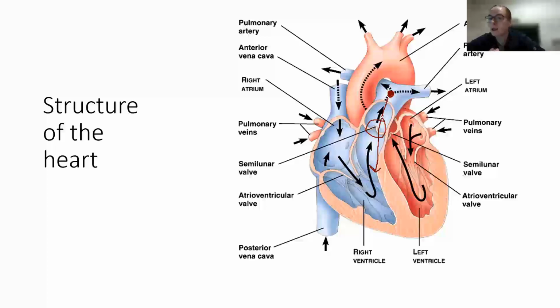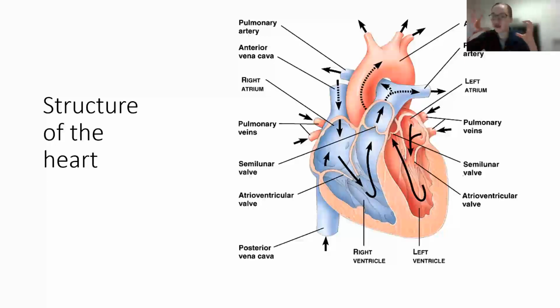Okay? So let's just recap that, guys. So blood, remember, Sarah's been boxing. It's come into the superior vena cava. Okay? But also, remember, it's happening on the other side of the heart. It's going to come into her pulmonary veins, okay? And it's going to enter her left and right atrium, okay?